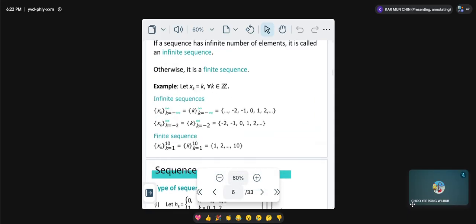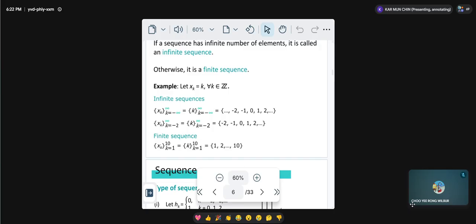Teacher, I have a problem. It's about the part with the sum, where infinity is on top and k equals negative infinity at the bottom. Those are the limits, the maximum and minimum numbers.